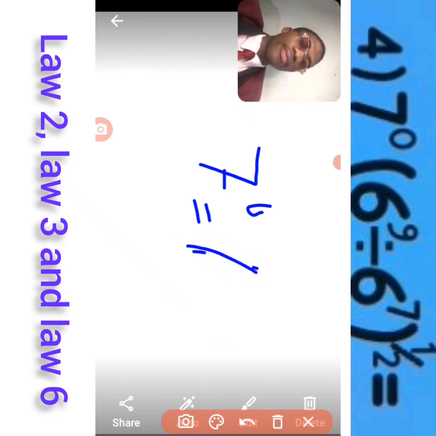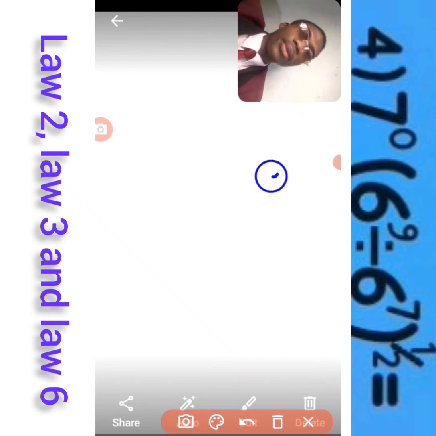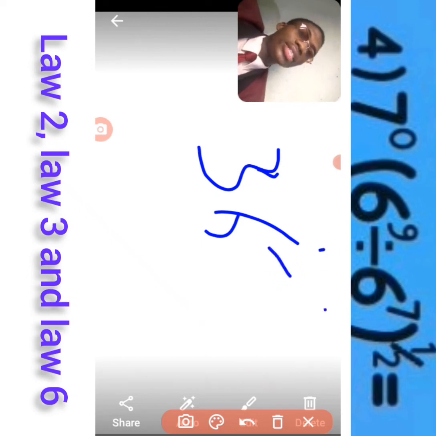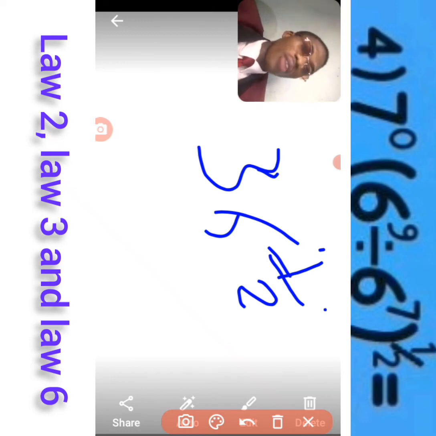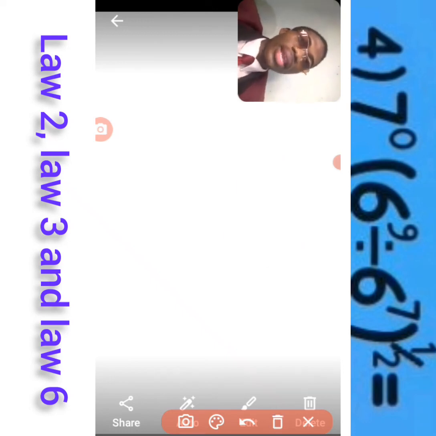You also need to identify that 6 raised to the power 9 divided by 6 raised to the power 7, we simply subtract the powers, giving us 6 raised to the power 2, which is 36. And 36 raised to the power of a half is just the same as the square root of 36, and you need to know it. Any number raised to the power of a half is the square root of that number.